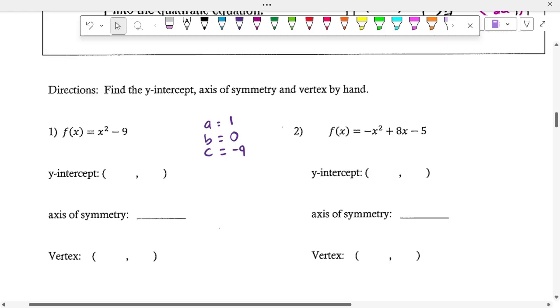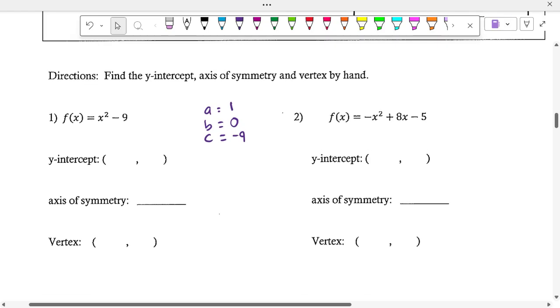Now, the y-intercept comes from what value? The c. So what would my y-intercept be as a point, Sutton? Good. So the y-intercept would be 0, -9, because that's our c value.